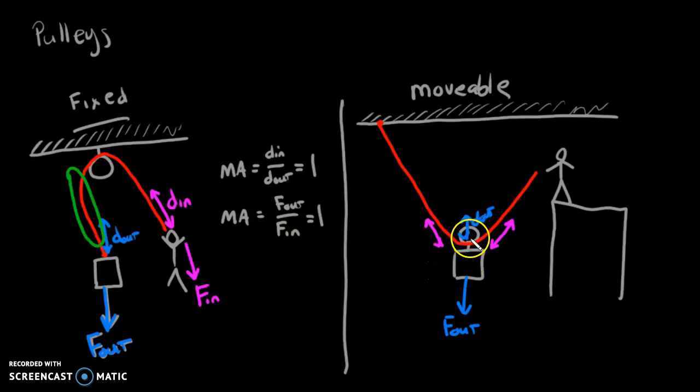So in order to move the whole box with the pulley up some distance, say 1 meter, each of these ropes has to move up 1 meter. So in this case, each of these ropes is helping me pull the object upward.